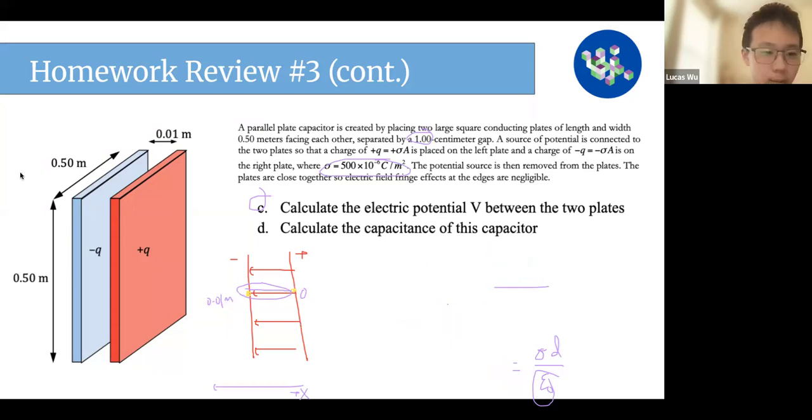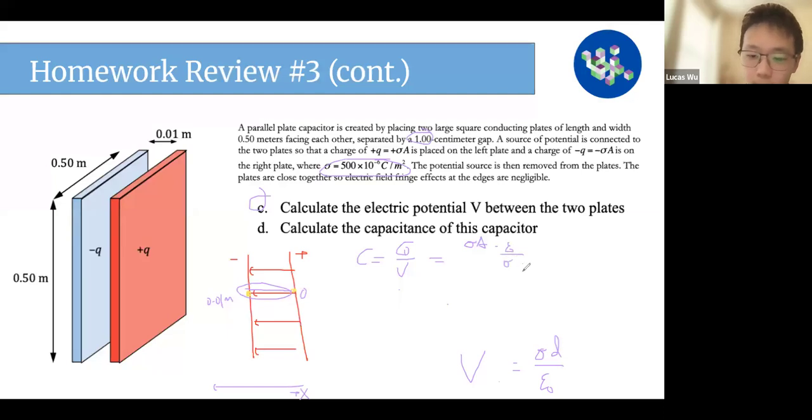So we have that V equals sigma d over epsilon 0, and I want to find the capacitance. I know that C equals the total charge divided by V. The total charge is sigma times the area, divided by V, which is times epsilon 0 over sigma d.